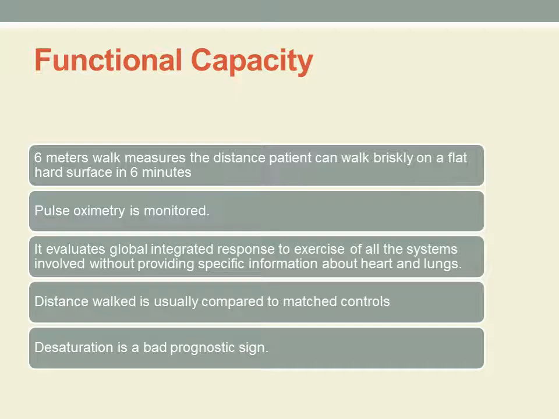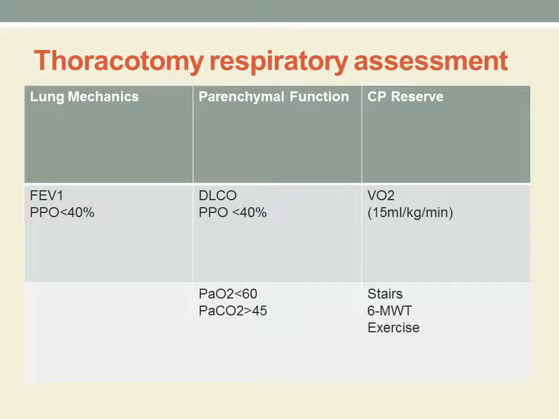Six meter walk: the distance the patient can walk briskly on a flat surface. Pulse oximetry is monitored. It evaluates the global integrated response to exercise of all the systems involved without providing specific information about the heart and lungs. Distance walked is usually compared to matched controls, and desaturation is a bad prognostic sign.